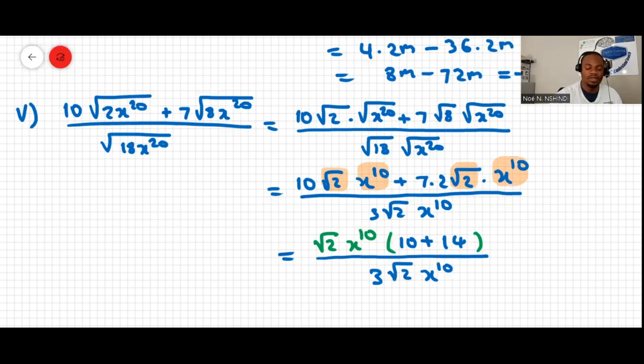Now we can cancel root 2 x to the 10, and then 10 plus 14 makes 24 over 3, and this is equal to 8. And then we got V. Thank you.